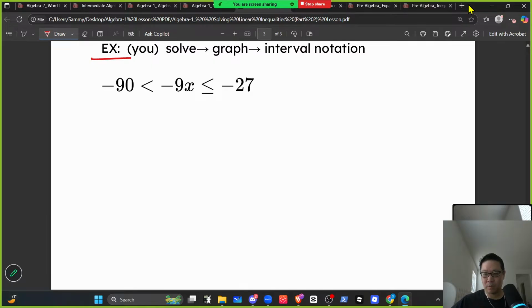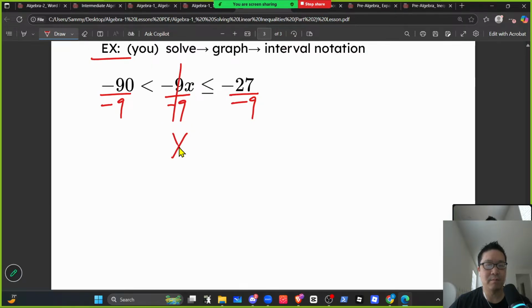I'm done. Okay. So what do we do? What's the first thing we do? Divide by -9 on all three sides. Good. And when we do that, the -9's cancel, and we have x in the middle.